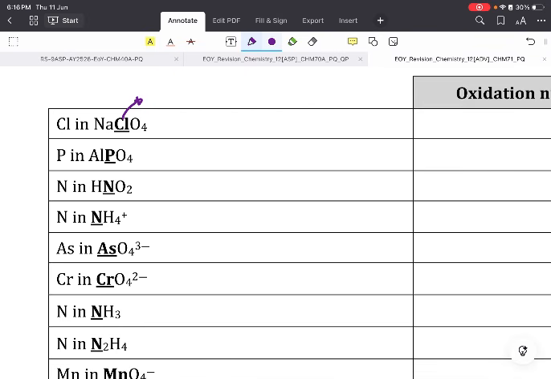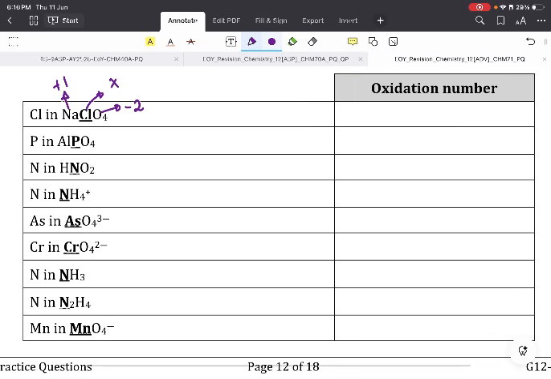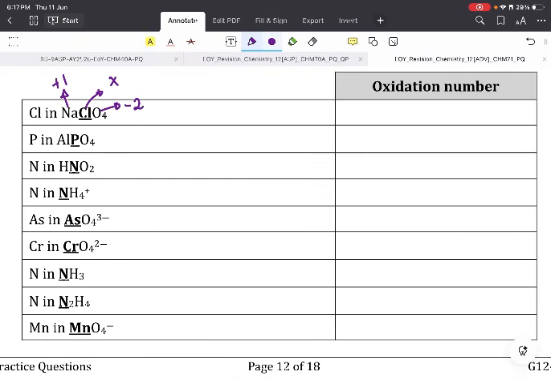So I don't know the oxidation number of Cl, and I am going to assign it as X. Now oxygen is always -2, except if it's an exception. And as we go through these questions, I will mention the exceptions. Now sodium belongs to group 1, so it has a fixed oxidation number of +1.